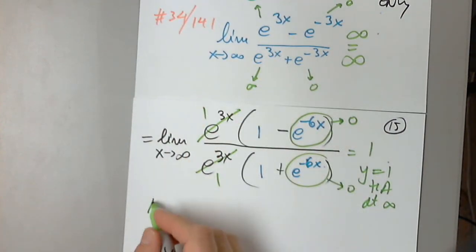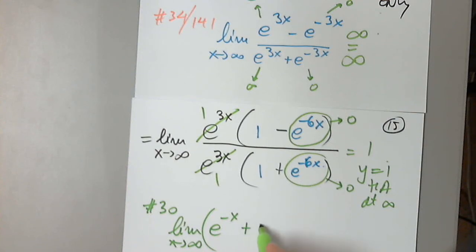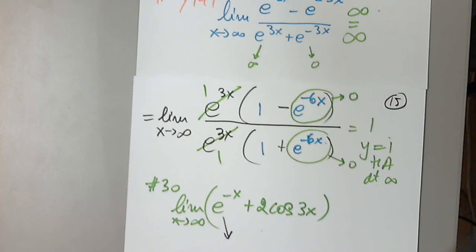So finally, and I'll stop after this, we're looking at 30. We have the limit as x approaches infinity of e to negative x plus 2 cosine 3x. Where does this go? Where does 3x go?